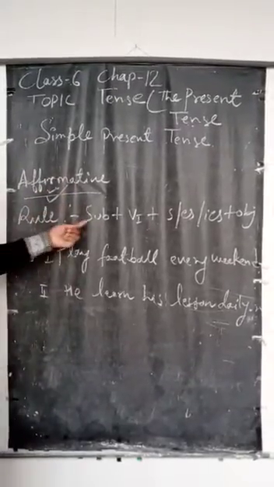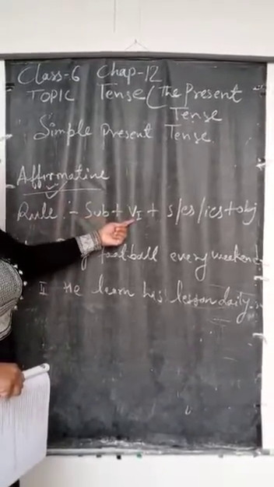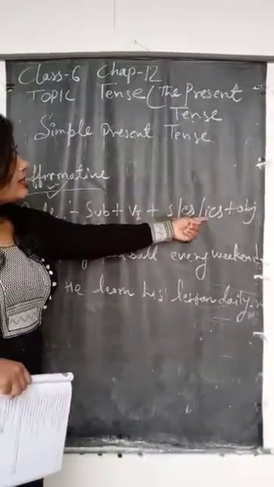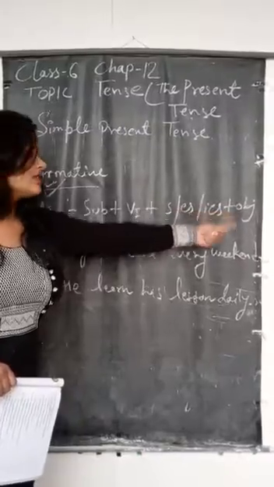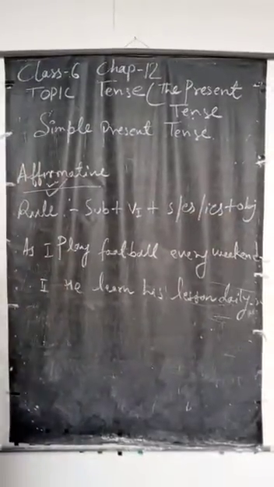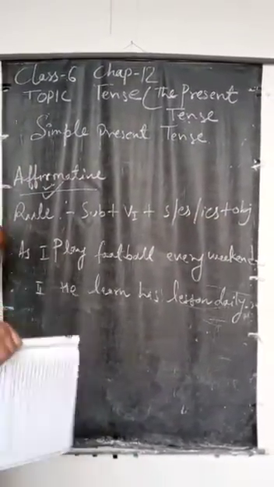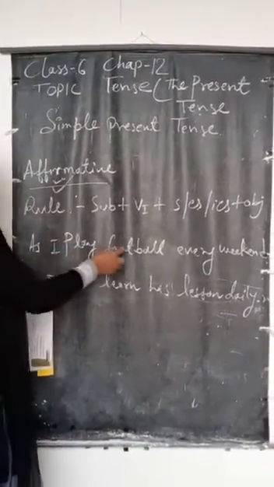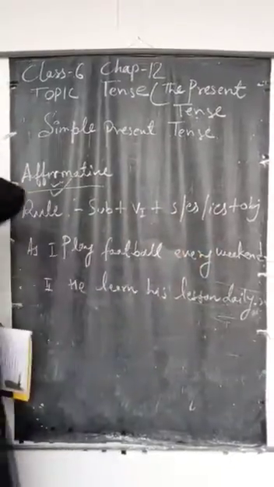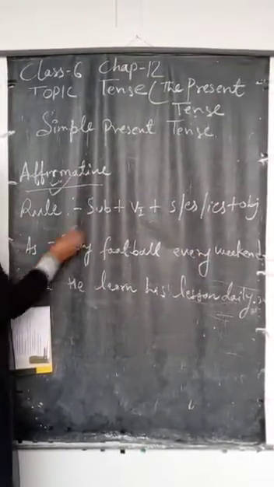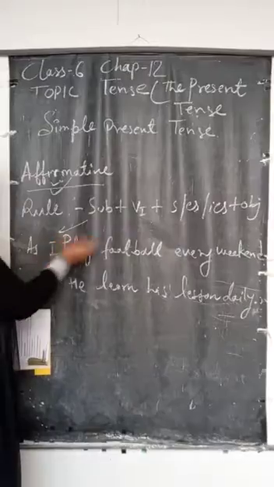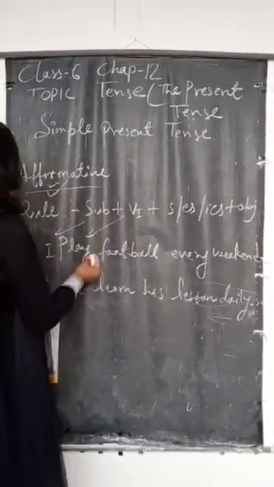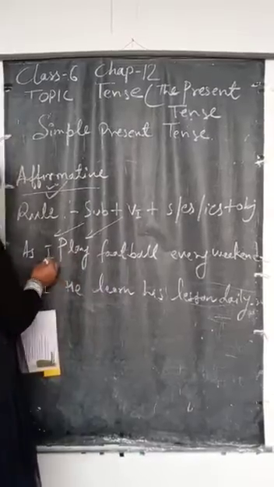The affirmative sentence rule is subject, first form of verb plus s or es, and the last is the object. Here is an example: I play football every weekend. I is the subject, followed by the first form of the verb.